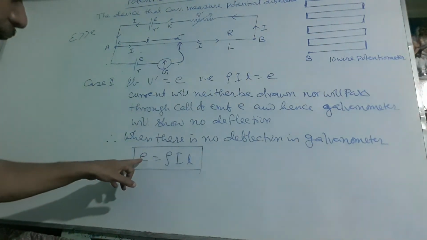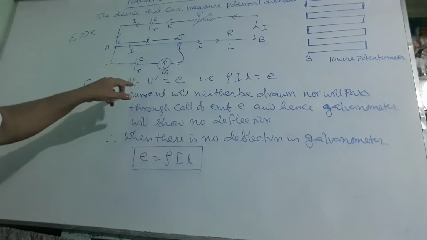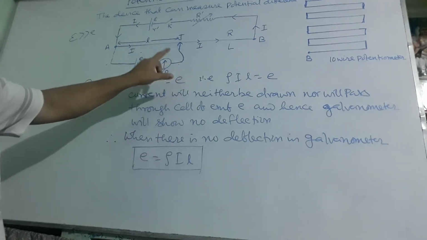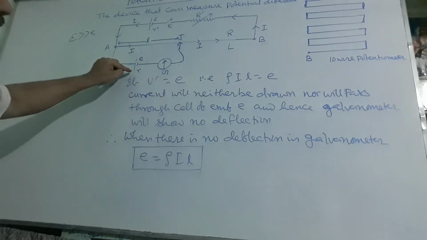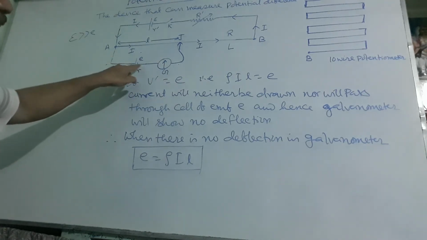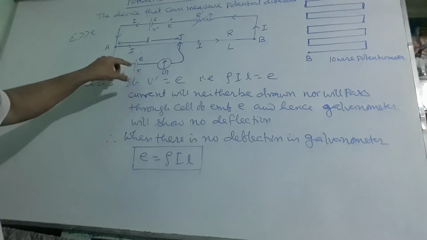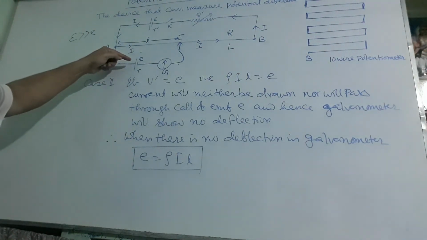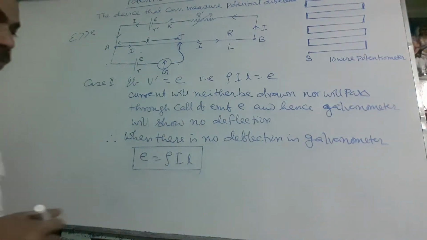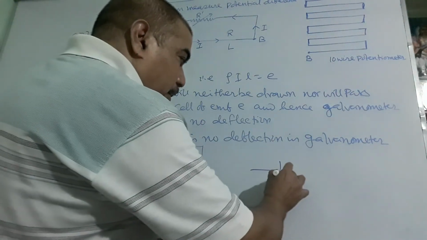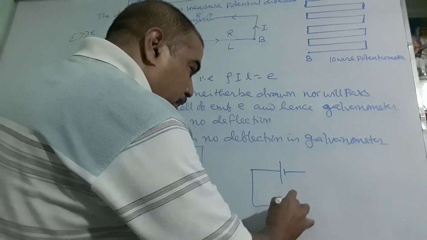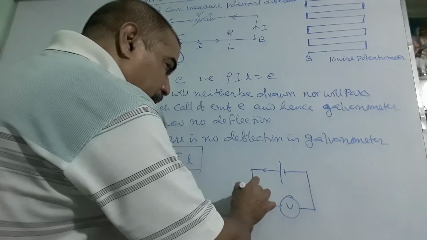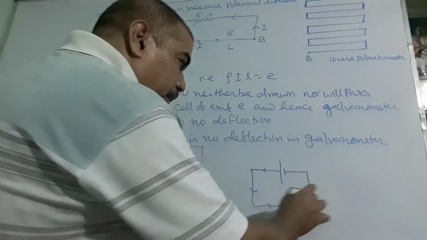So we are measuring the EMF. This is the potential difference between point A and J, which is equal to the EMF, because this is the terminal voltage of the cell without drawing any current. We are not drawing any current from the source cell. If you connect a voltmeter here, whatever its resistance may be, it will draw some current.